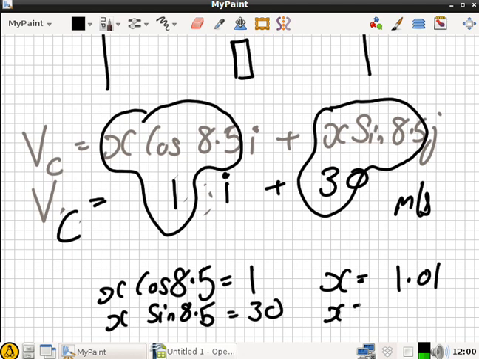So x equals 202.96. Okay, 202. So you see, we don't have the same value of x. So the combination of 1 and 30 is not possible.